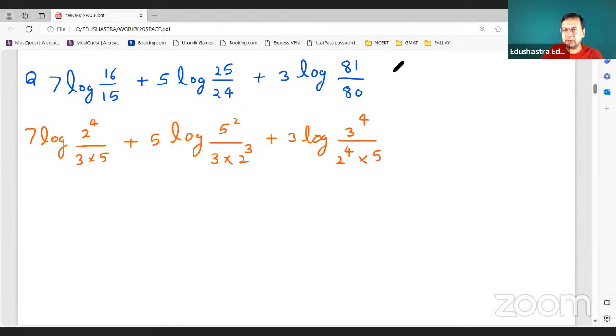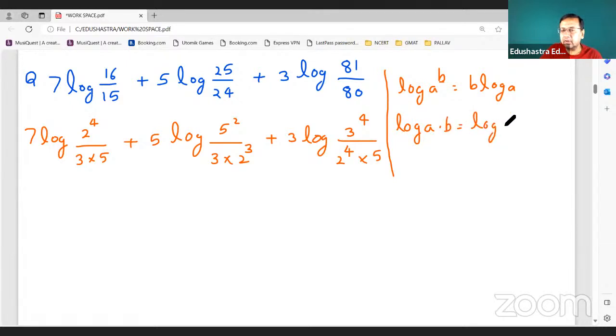Now there are some formulae which will be applied to get the answer. And these are what? If I say log A raised to power B, this is B log A. Done. If I say log A into B, this is log A plus log B, right?